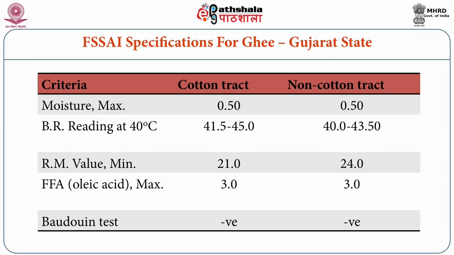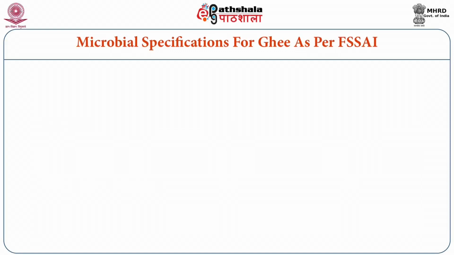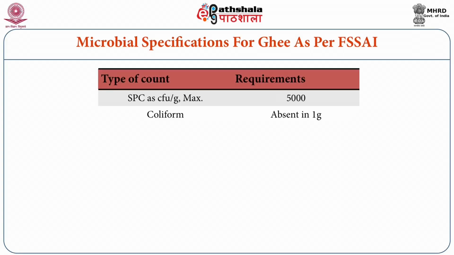The next slide indicates the microbial specifications for ghee as per our legal FSSA standards. If you see the standard plate count, it should be maximum 5000 per gram as colony forming units, CFU per gram.